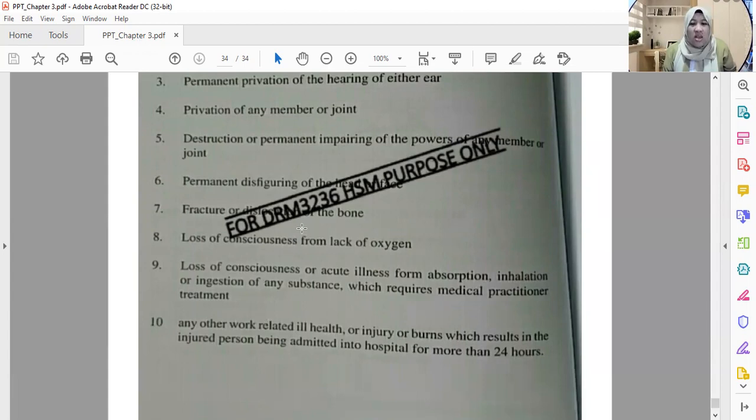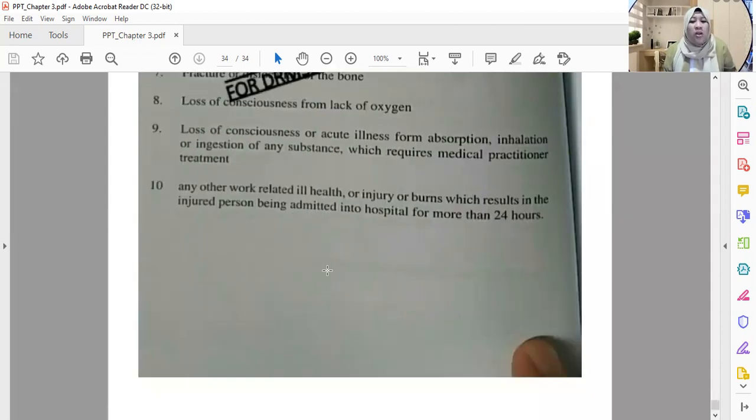This is what we often said during COVID, because the level of oxygen is not what human beings should have, and it's below, so you can faint, and anytime you can lose your life. And the loss of consciousness or acute illness from exhaustion, inhalation or ingestion of any substance which requires medical practitioner treatment. And the last one, any other work-related ill health or injury.